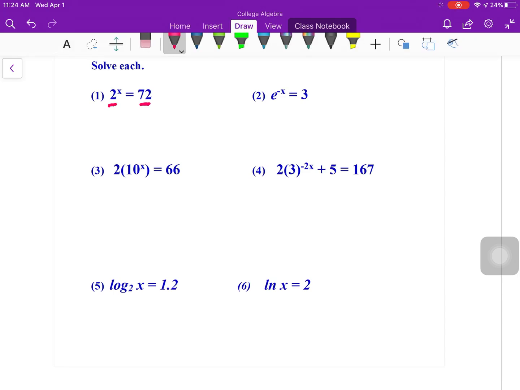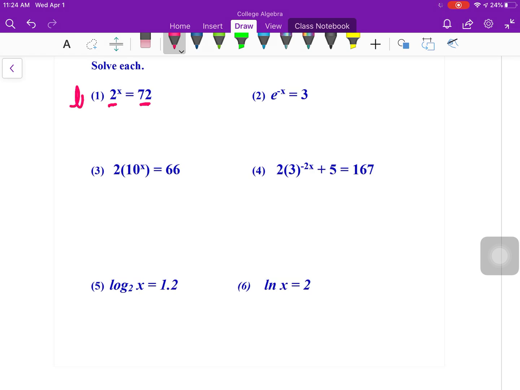Can you ever get 2 and 72 to be base 2? Let's see, 2 to the 5th is 32, 2 to the 6th is 64, 2 to the 7th is 128. I didn't hear 72 in there. So no, I cannot get 72 to be a base 2. So then we need to log both sides.